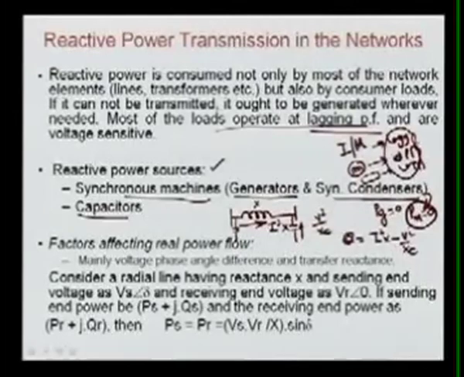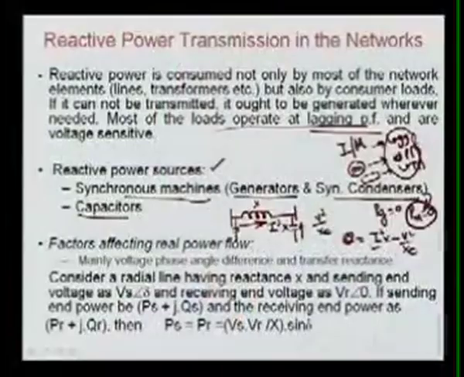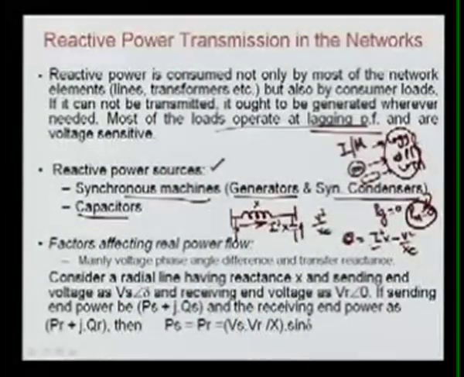So if this value is positive, this line is absorbing the reactive power. If this value is negative, means this is less than this, so we can say it is generating. When I is less, means loading is less, then this component may be less than this, because V is normally the rated voltage and the variation is very less, but I can be from 0 to its critical loading.